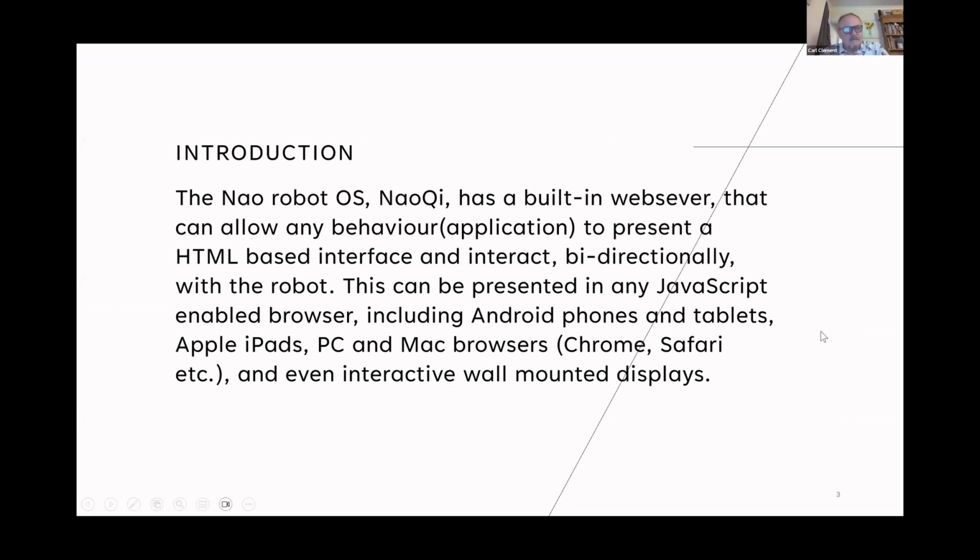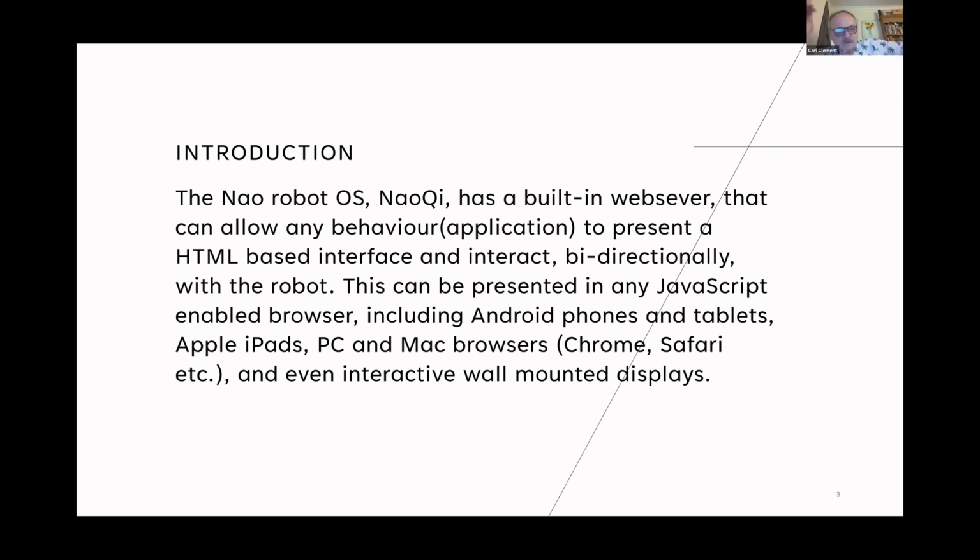Right. The NAO robot's OS, NAOqi, actually has a built-in web server, okay? That web server is the web server that presents the configuration pages when you go to the IP address on your NAO and you log in. It also will serve any web pages and web applications that are stored in an HTML directory inside a Choregraphe behavior.